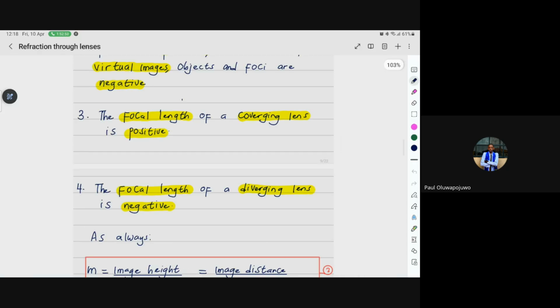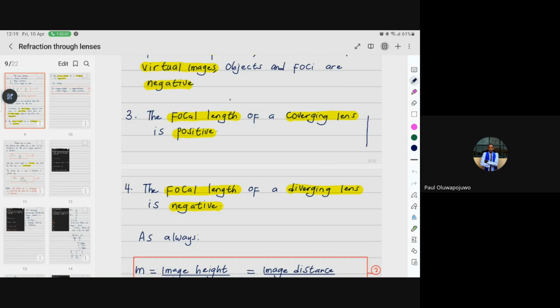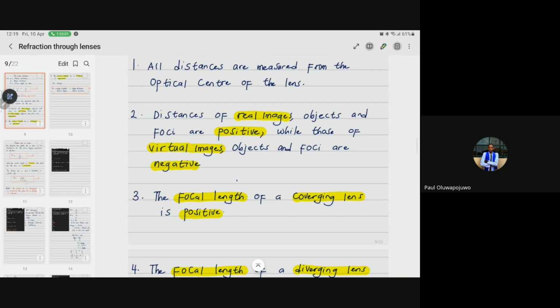Let's look at this reflection through lenses. Image behind retina. So now, distances of real images are positive, while those of virtual images are negative, which means it's a virtual image. Yes. It's a virtual image. Yeah, that covers it. That's why it's blurry.